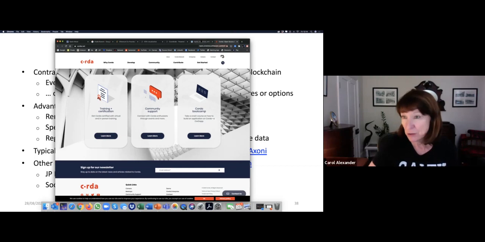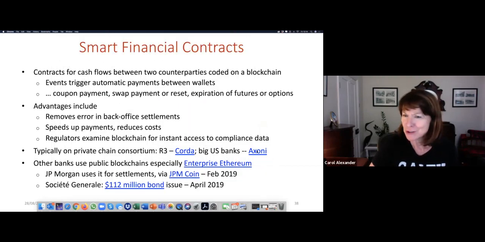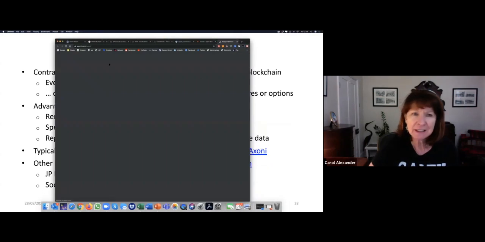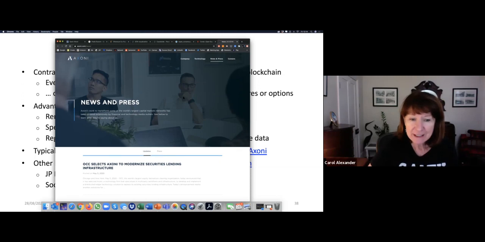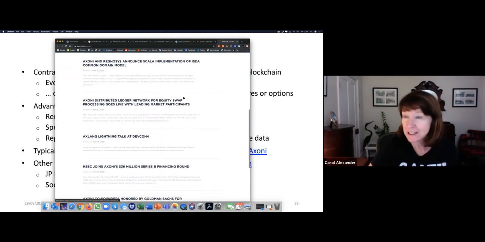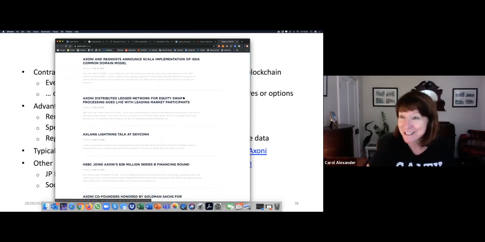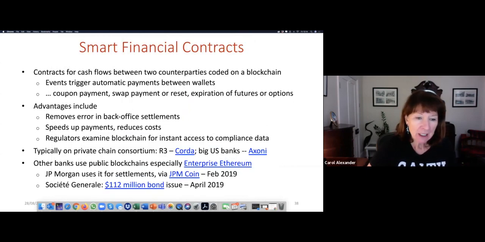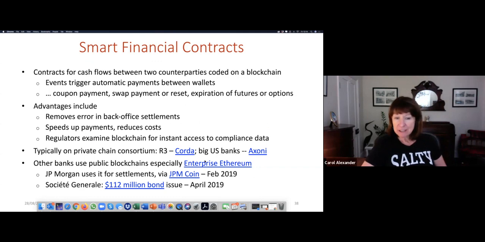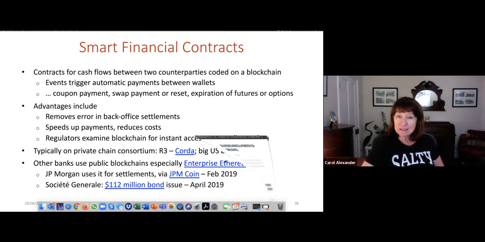If you look up R3 on Wikipedia, you'll find more about its history, unless they've changed that too. Axoni is another one. Again, you can't see where the banks are. Apparently, things are being set up as a sort of charitable organization, but actually the banks are behind them.